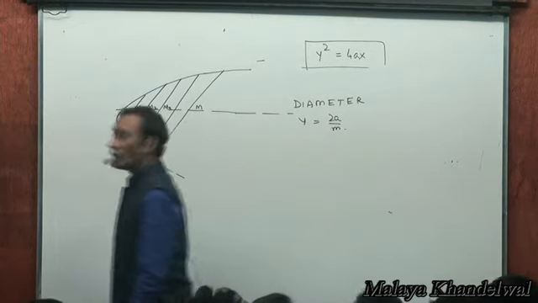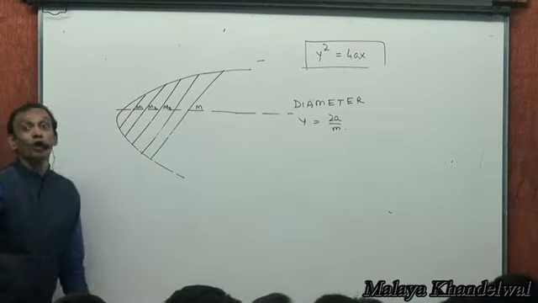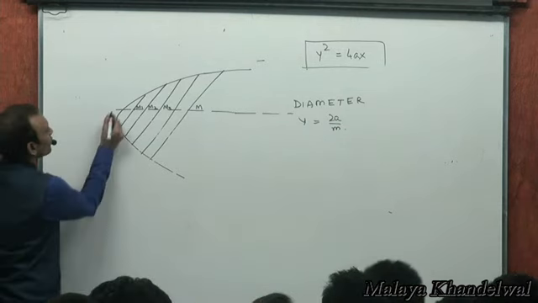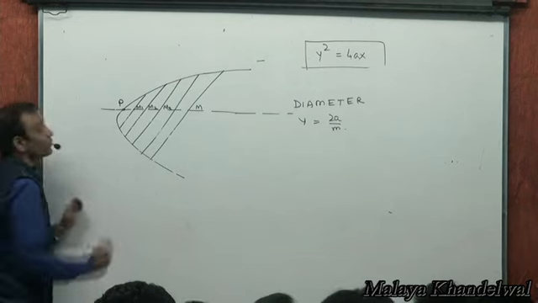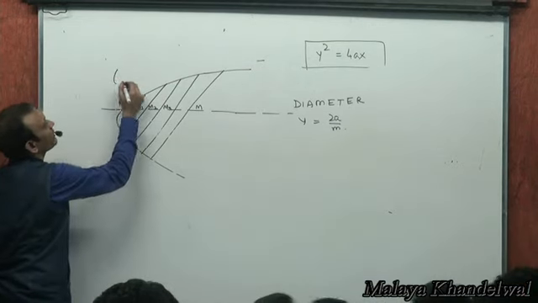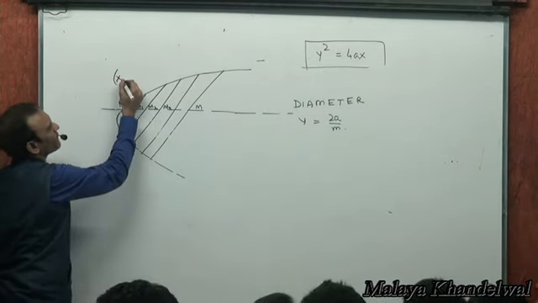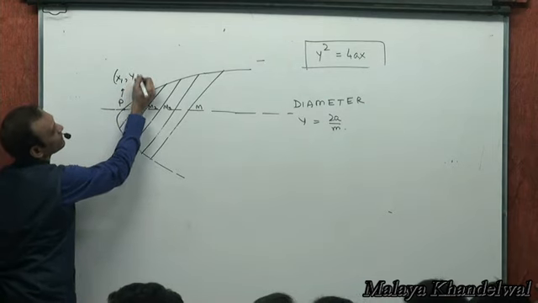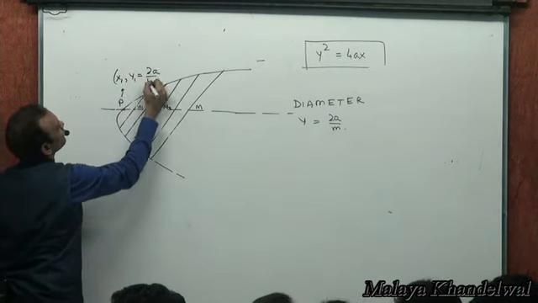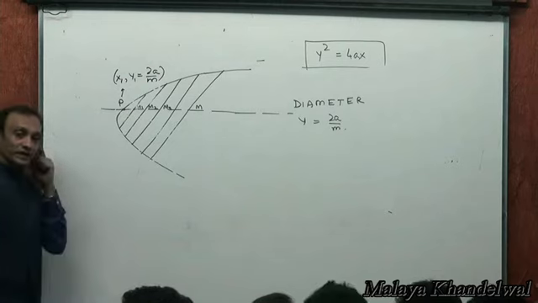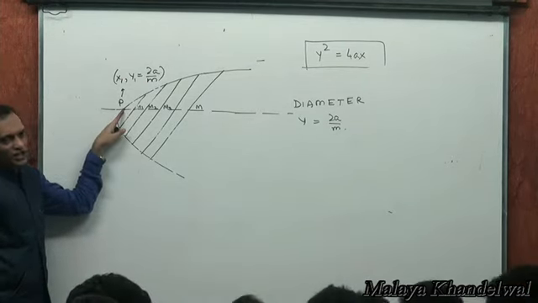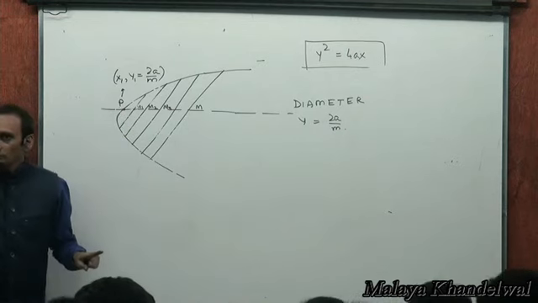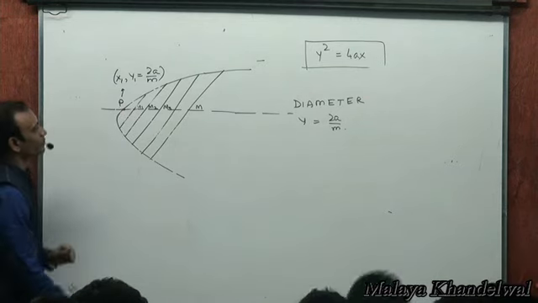Right? Now the diameter would intersect the parabola only at one point. What point is that? This point, P. What are the coordinates of this point? Some x1, and y1 would be 2a by m for this. This diameter intersects the parabola at x1 comma y1, where y1 is 2a by m. Yes or no? Yes.